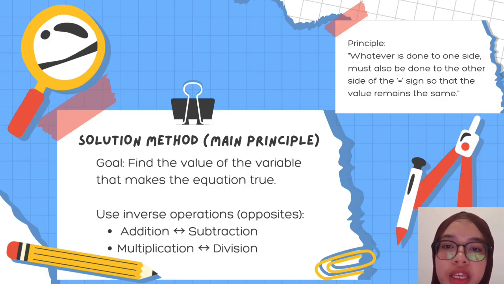The principle is that whatever is done to one side must also be done to the other side of the equal sign so that the value remains the same.